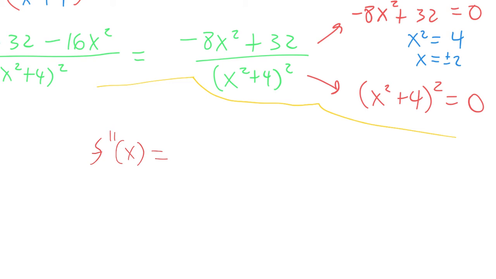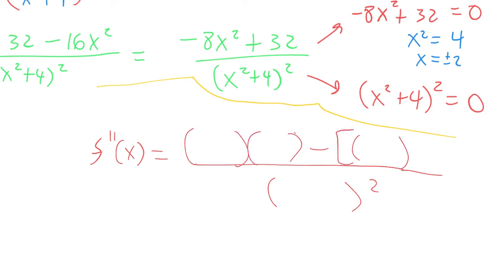And when we use the quotient rule, it's going to be something squared down below. That's going to be up here as well. And we're going to be subtracting an entire quantity of something right there. Now, what goes inside? Well, it would be x squared plus 4 squared right there.